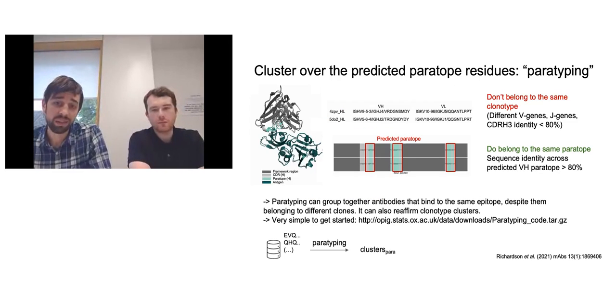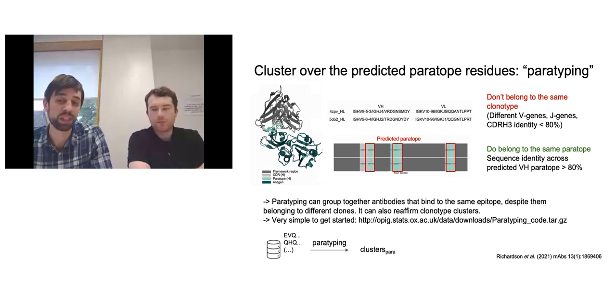And based on that, we built a tool that, instead of clustering over the predicted genetics, clusters over the predicted paratope, so the residues that we think are going to be involved in the binding. Here, antibodies that would basically be brought into the same area of function space by clonotyping, maybe like this pair of antibodies, have fundamentally different V genes, J genes, and CDRH3.